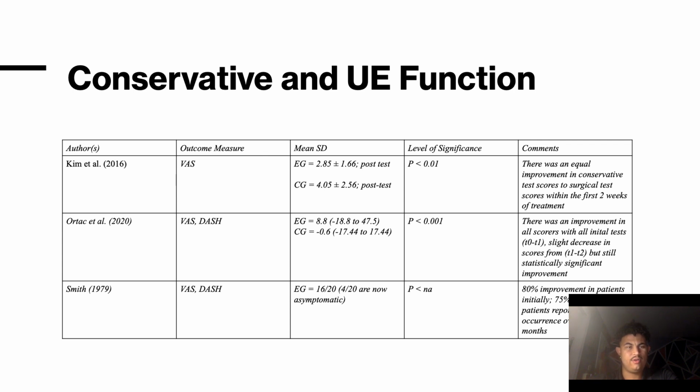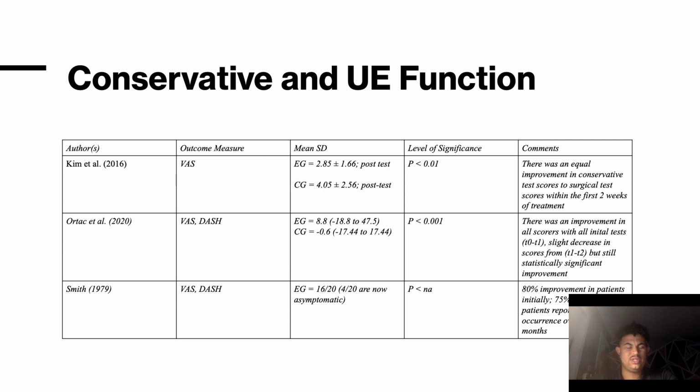We have the article by Kim et al. that used the visual analog scale and had a statistically significant p-value, and then the article by Ortak, which used the VAS and the DASH, which also had a statistically significant p-score. And then finally, we have the Smith article, which is the outlier, that was written in 1979, which uses the VAS and the DASH.